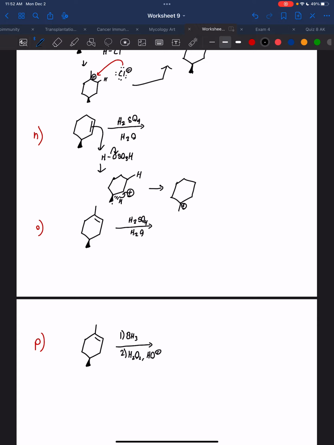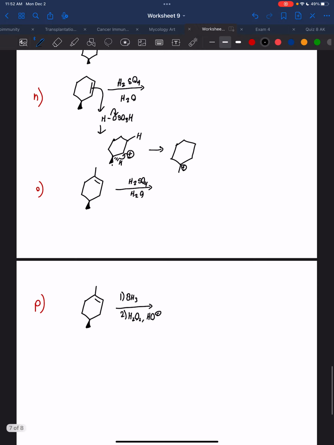From here, the only thing different is instead of attacking with chlorine like how we did initially, we have a different nucleophile, and that's H₂O. And so from the nucleophilic part of this H₂O compound, we attack. That was a horrible hexane writing, but excuse me.